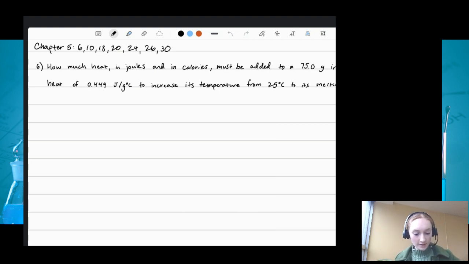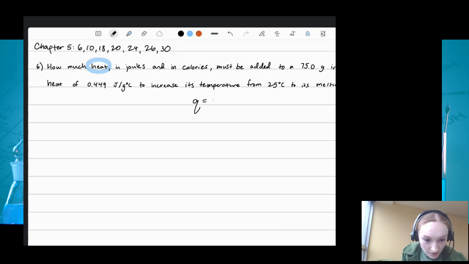Okay, so what we can notice is that what we're trying to find here, in the first part of the question, it says how much heat. So how much heat in joules. That's also known as the Q value. So the equation that we'll need to use to find the heat is a simple equation.